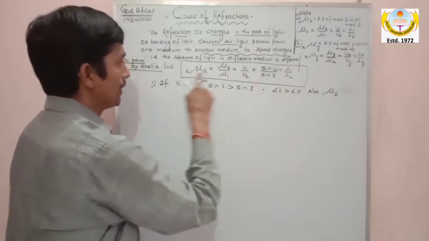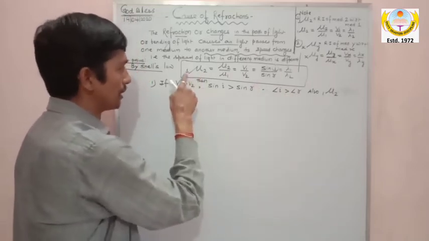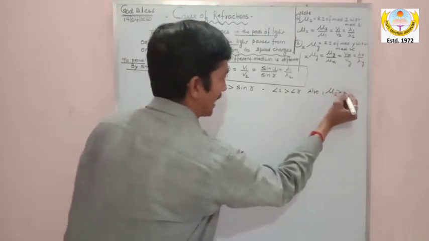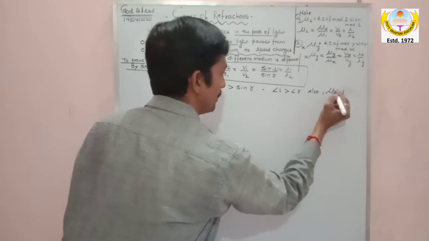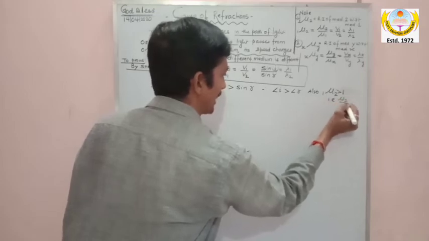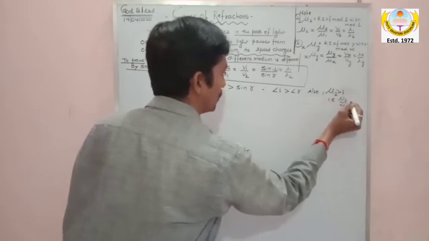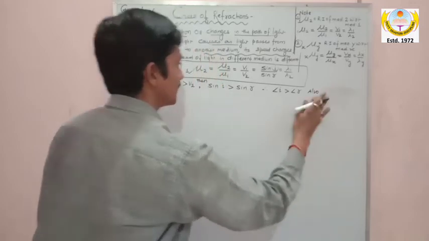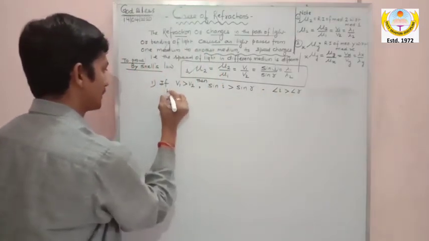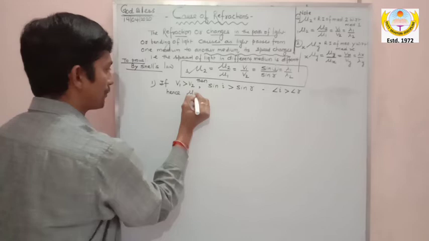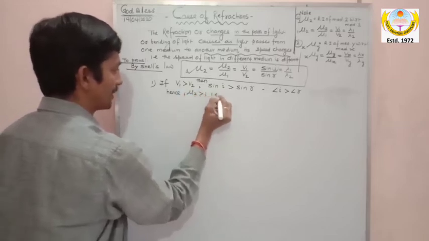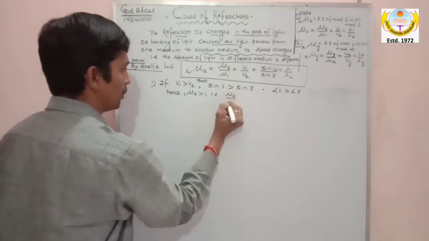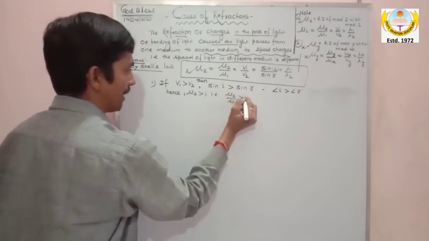So mu of 2 with respect to 1 will be greater than 1. That is, mu of 2 with respect to 1 is written as mu 2 divided by mu 1. Hence, mu of 2 with respect to 1 greater than 1, that is, mu 2 divided by mu 1 is greater than 1.